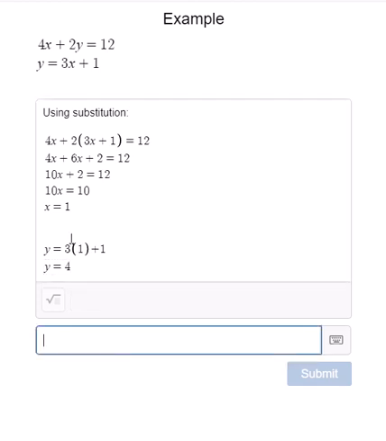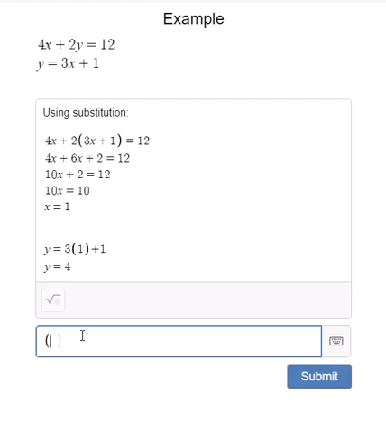So I have my solution, I know x and I know y, and I want you to type your answer here in 2 ways. If you have x and y as your variables, your solution should be typed as an ordered pair. It's always x first, comma, then y. So I do open parentheses, x, comma, and then y, close parentheses, and then you would hit submit.